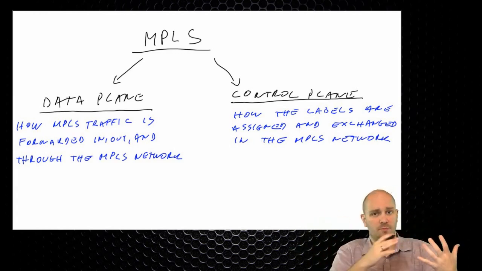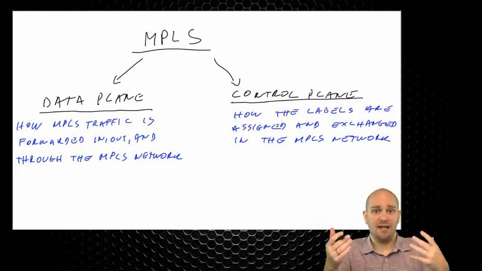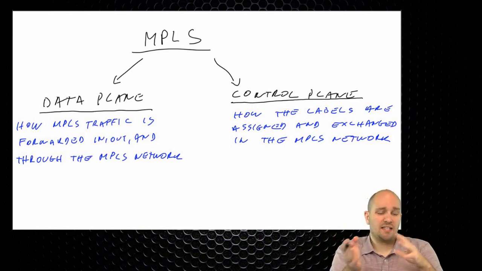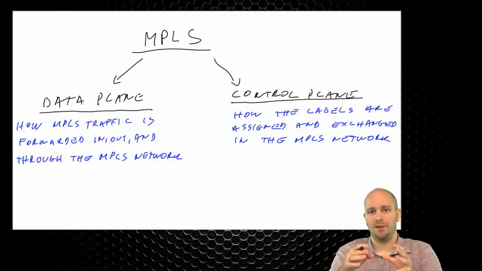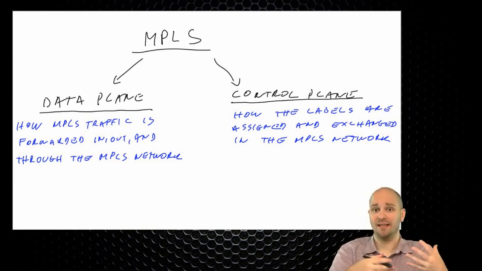And I would have to explain one or the other, but again, this is a situation where we have a little bit of a chicken and egg case. So I can explain the data plane, but then we would have to assume that the control plane worked properly. I could explain the control plane, but then certain aspects of the data plane would come into play and they would make no sense without actually understanding how the data plane works.